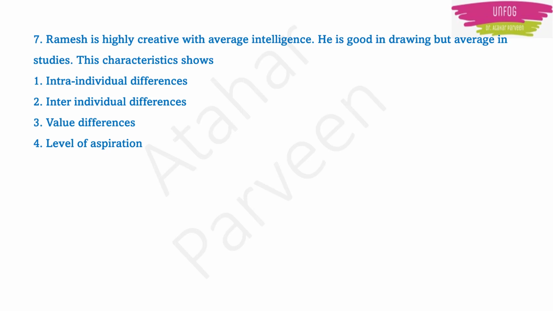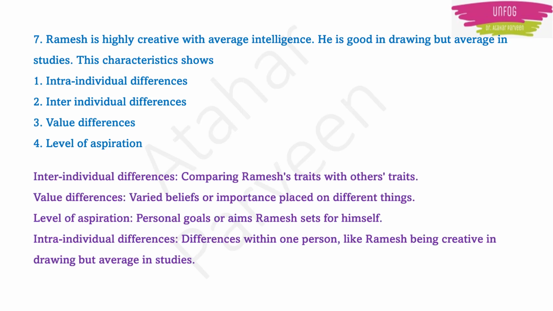Okay. So this characteristic shows what? Four options are intra-individual differences, inter-individual differences, value differences, level of aspiration. So this is very interesting. To answer this question, you should know the meanings of these four options.